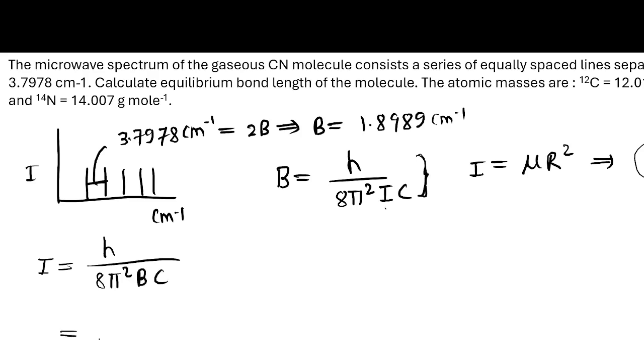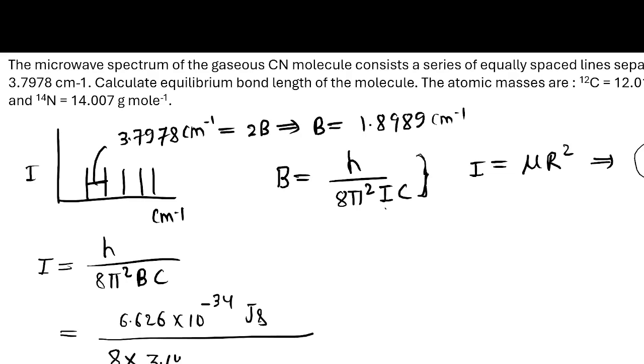We'll substitute everything: 6.626 times 10 to the power minus 34 joule second, 8, 3.14 squared, 1.8989 centimeter inverse, and 3 times 10 to the power 8 meter per second.